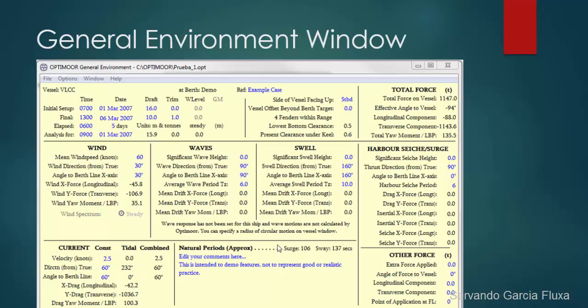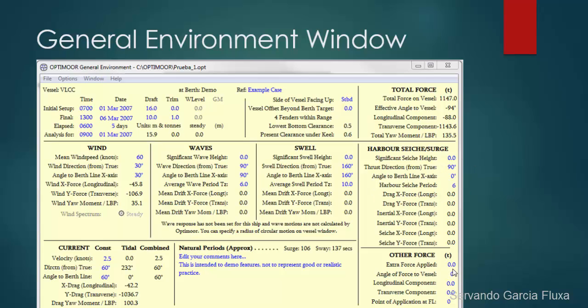Just imagine, where it says harbor, seiche, and surge, you have to define. Do you remember when I defined this seiche phenomenon? Then, if you're analyzing the inner side of the harbor, and you know that these seiche waves can happen, then you have to define here the parameters of those waves.